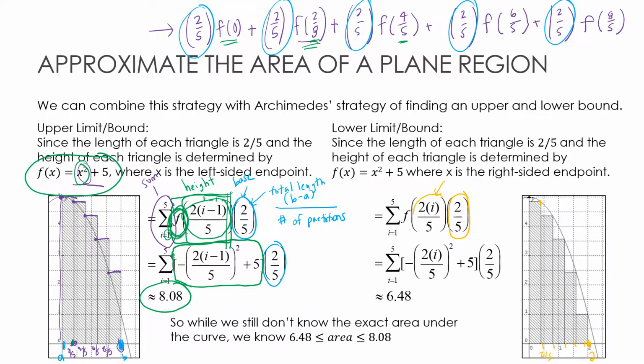And so that's why this changed: I don't have to take 1 away from i, I'm just using i. But all of those other steps are the same, and then of course I just used a calculator to determine the lower bound, which is 6.48.